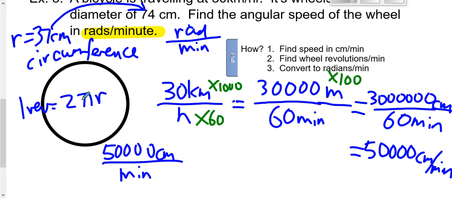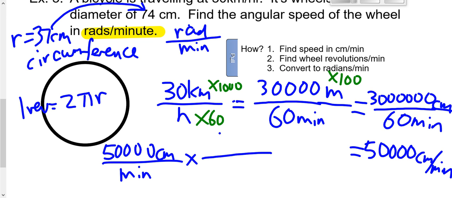If you still don't get it, quickly have a look and think about this. Alright, so I hope you figured that out. If not, just follow me here. In this case, we will write that as 1 revolution per 2 pi r, because the units will cancel out. If you write down 2 pi r per revolution, the units don't cancel out.